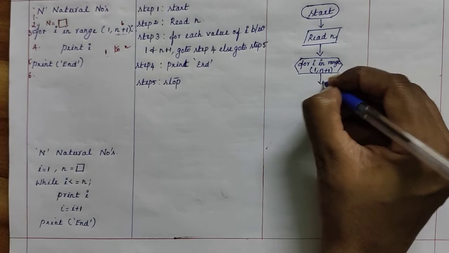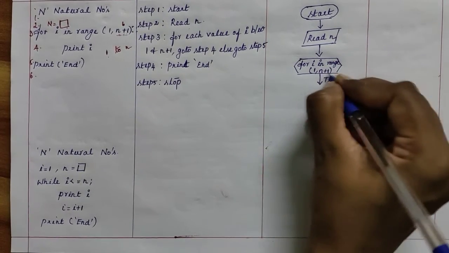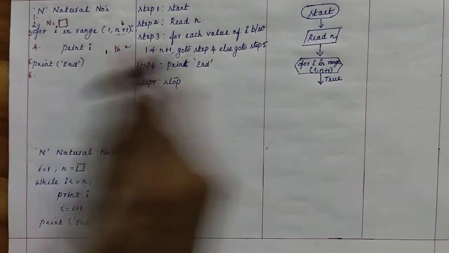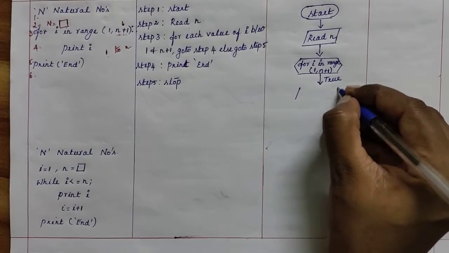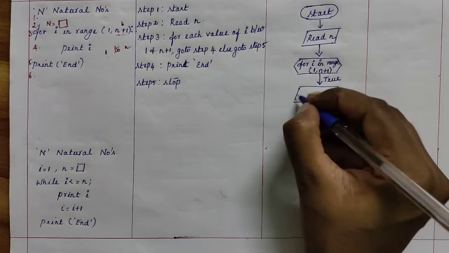If this condition is true, that is, the i value is between this range, what you are going to do is print i. Therefore it is represented by the input output symbol.